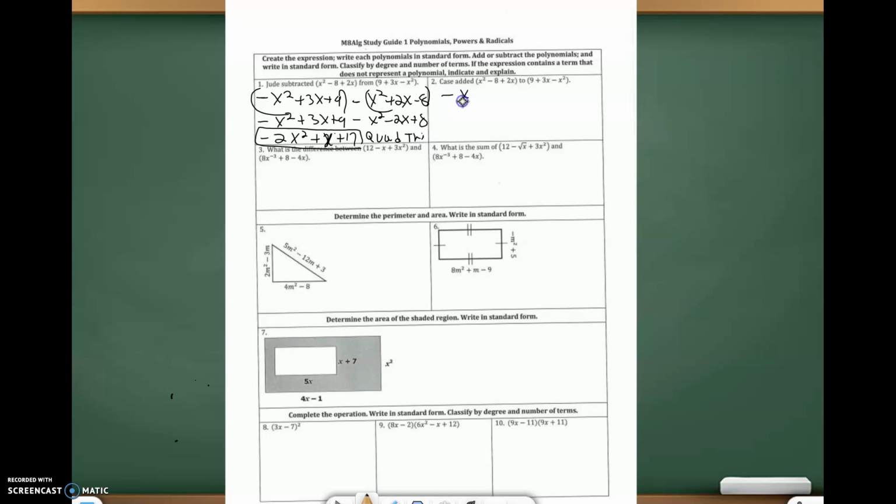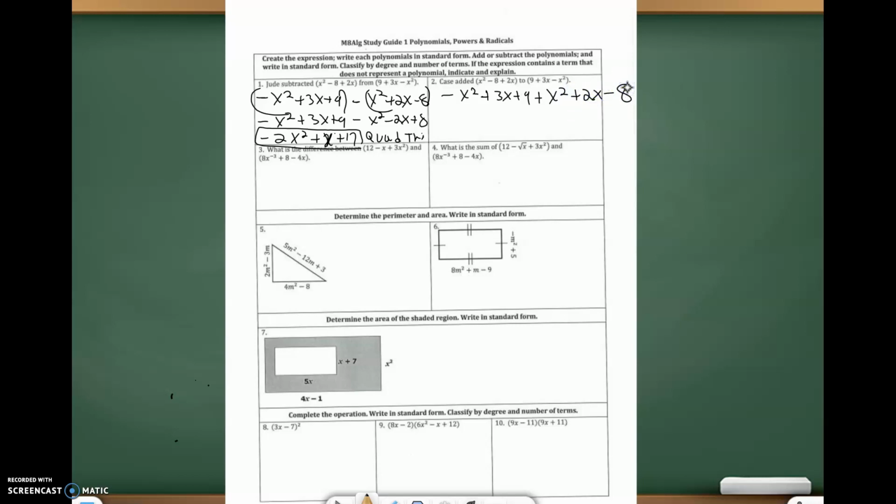Okay. Next case, I'm going to do the same thing. It's addition, so it really doesn't matter if you switch it around or not. But I'm just going to do it by the wording. You notice I'm putting it in standard form first, right? Plus 2x first, minus 8.